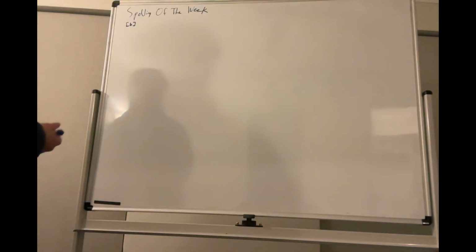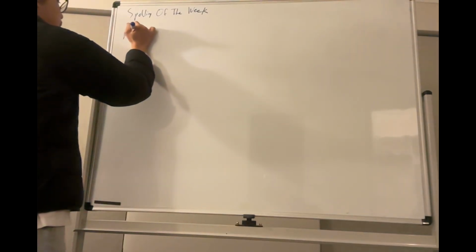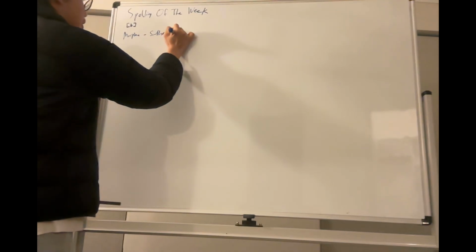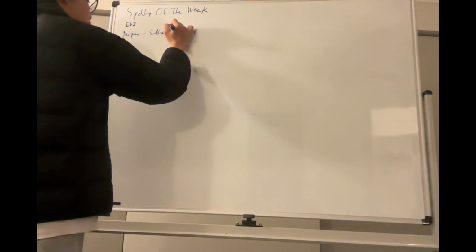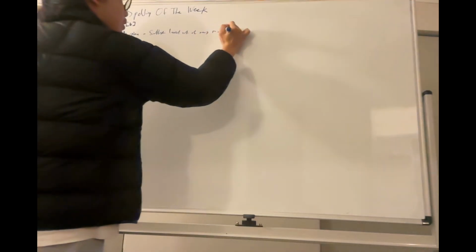But I first have to explain what a morpheme is. A morpheme is the smallest lexical unit of meaning in a language.